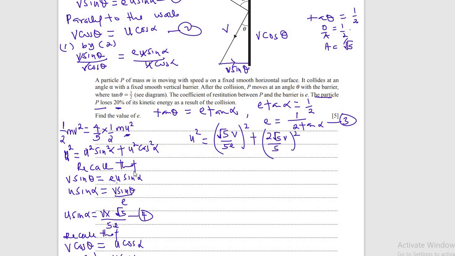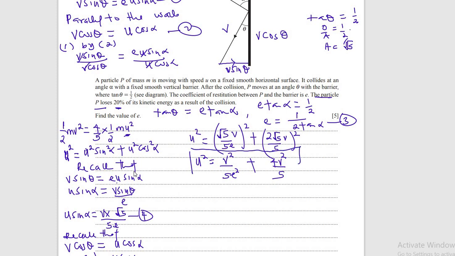At the end of the day, our u squared will give us v squared over 5e squared when you simplify, plus 4v squared over 5. These are u squared.